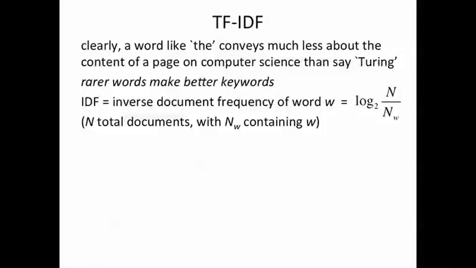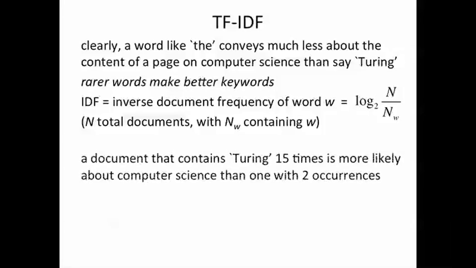Well, that's obviously not enough, because a document needs to contain the word itself if the word needs to be a keyword. And if it contains many instances of the word, say Turing, maybe 15 times, for example, it's much more likely that Turing is a keyword for that document compared to, say, a document where the word occurs only twice.